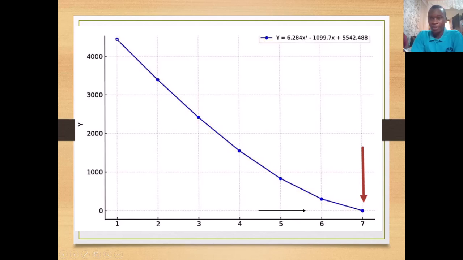So here I've used y instead of f and x instead of r, which is just the same. Plotting this in the graph, this is just a portion of the graph. So as you can see, it is satisfied at 0 when x is 7.